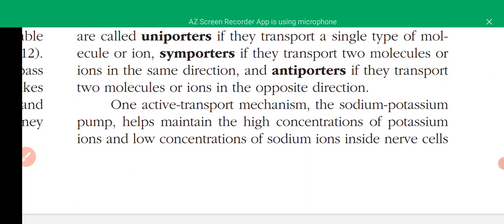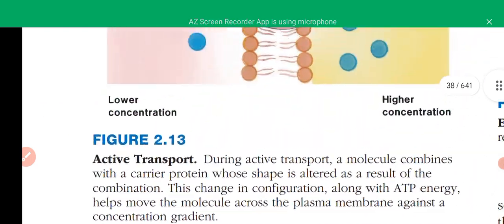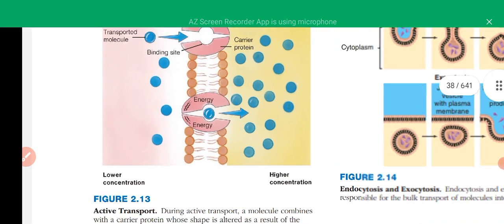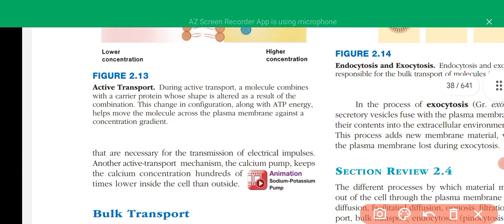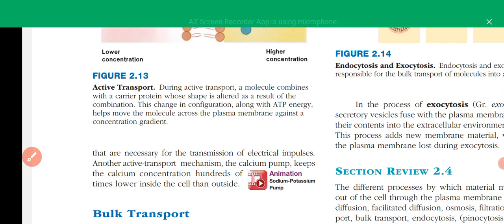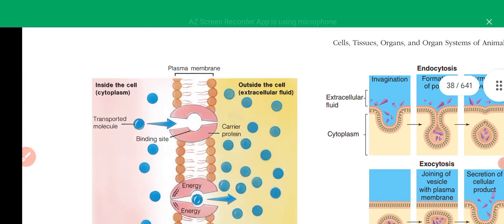One example of an active transport mechanism is the sodium potassium ATPase pump, which transports three sodium ions outside of the cells, and two potassium ions are transported inside the cells against their concentration gradient, and is responsible for the resting membrane potential. It is also found in many types of cells, where it helps in particular homeostatic mechanisms.